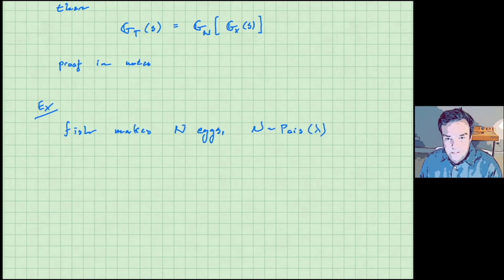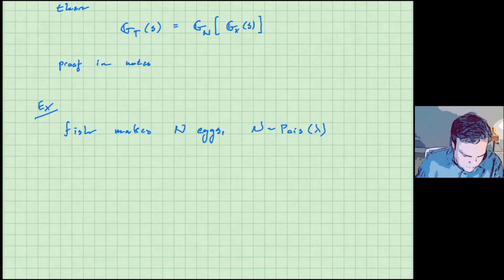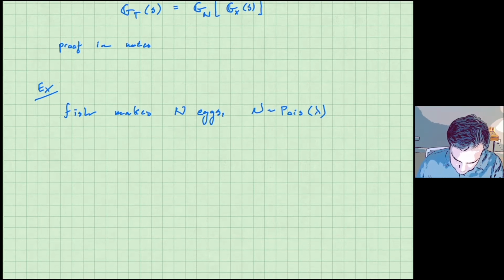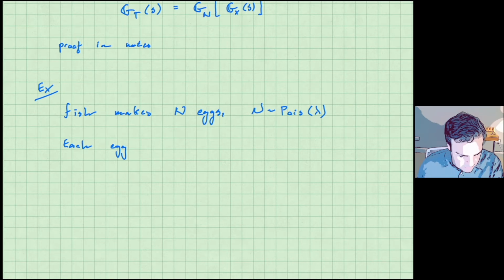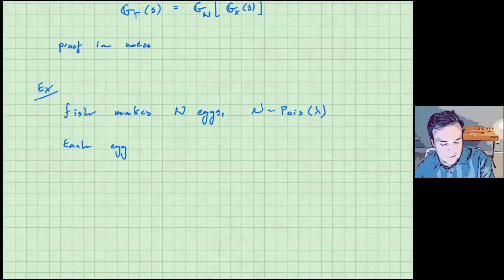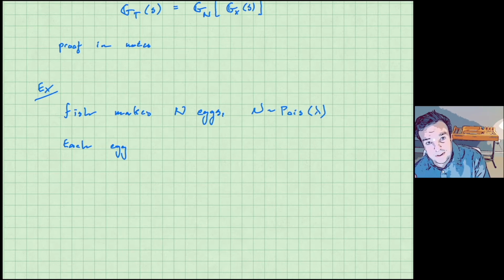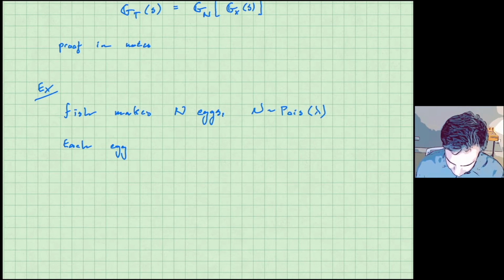You don't have to do that, but that's what we want to do here. And then the following is also true. Each egg may or may not hatch. The probability of the egg hatching and making a little baby fish, for each egg, is given by P.